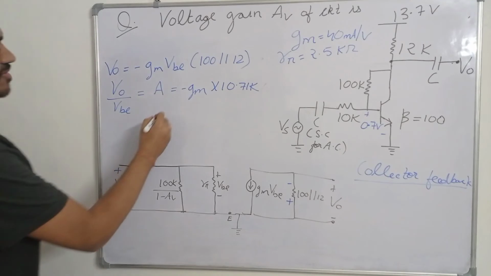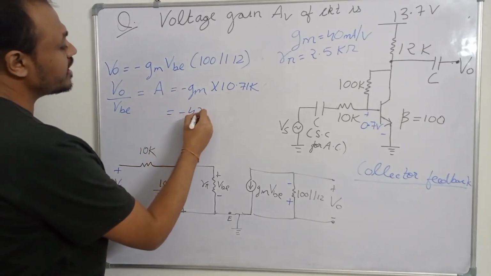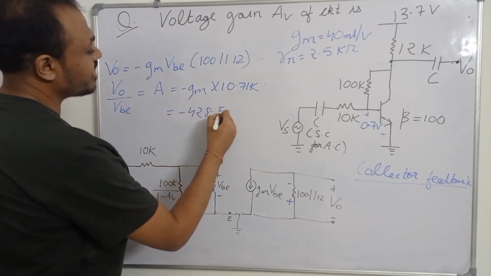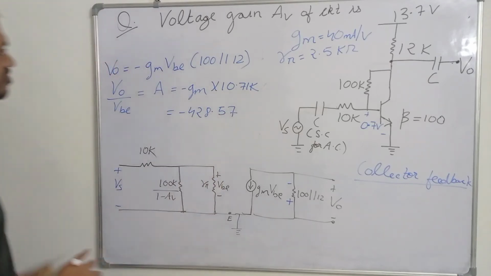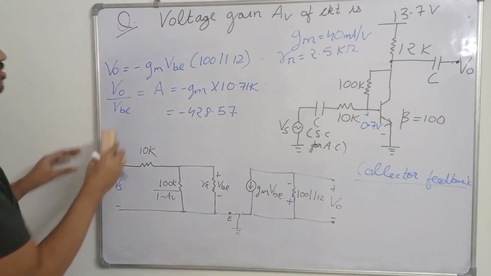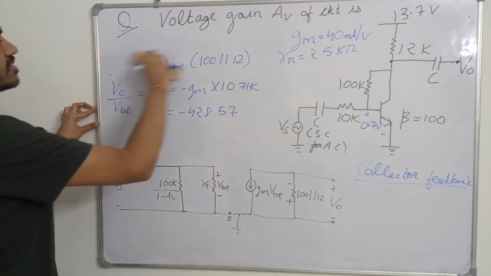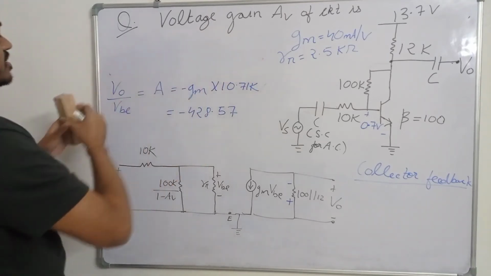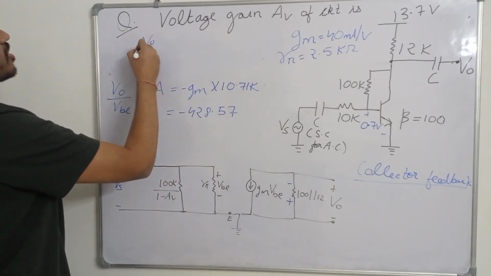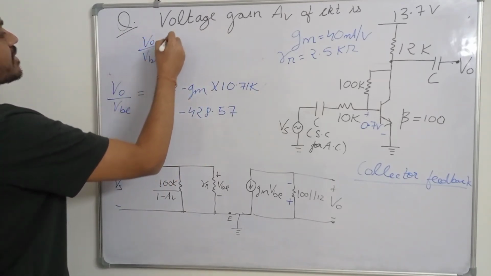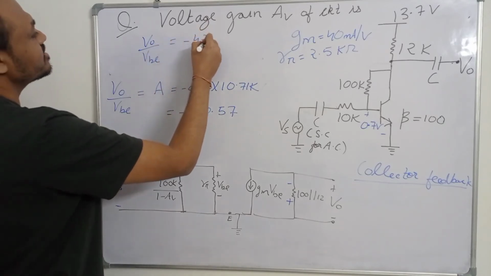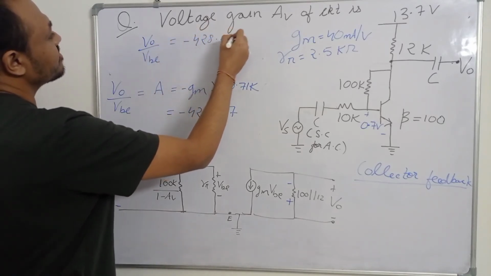So this will be equal to minus 428.57. So V naught upon VBE is equal to minus 428.57.